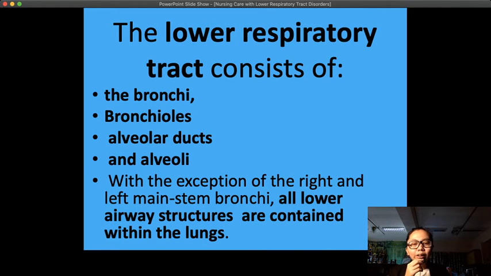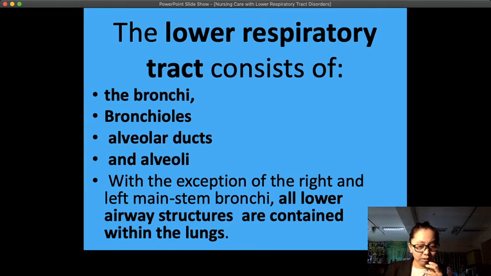All lower airway structures are contained within the lungs. No? So except sa mainstem bronchi, left and right, lahat ng lower respiratory tract is inside the lungs or within the lungs. Waray lower respiratory tract body part na adaha gawas. Adto ito inside of the lungs, okay?